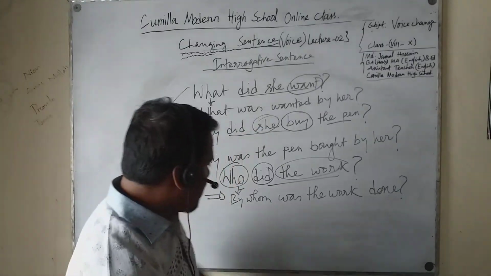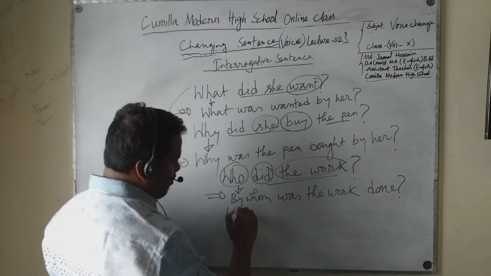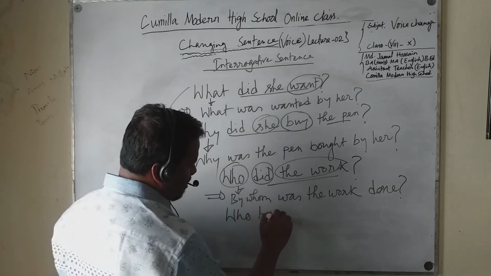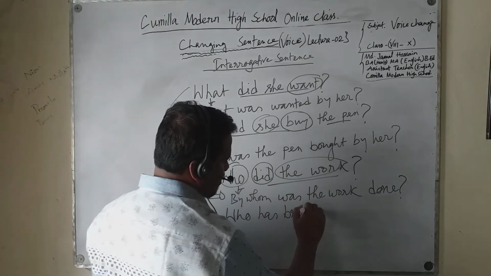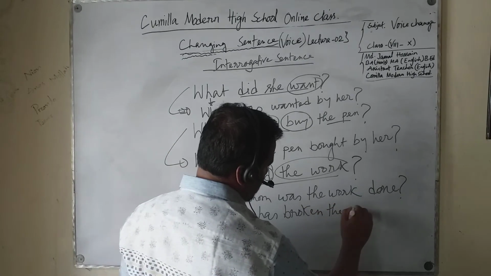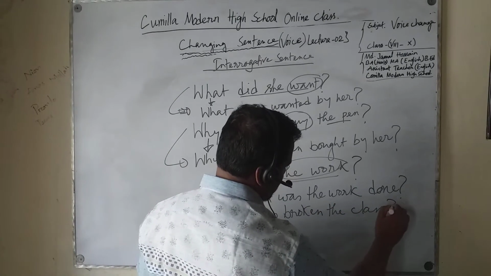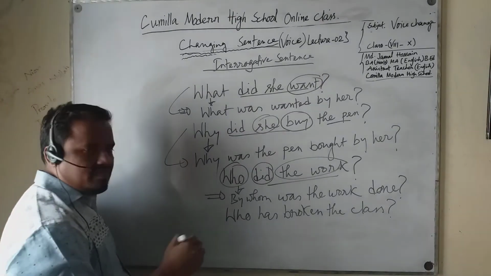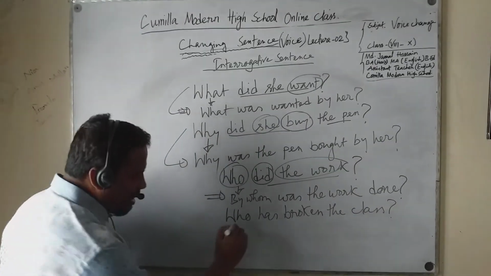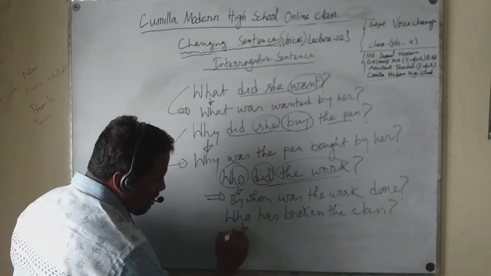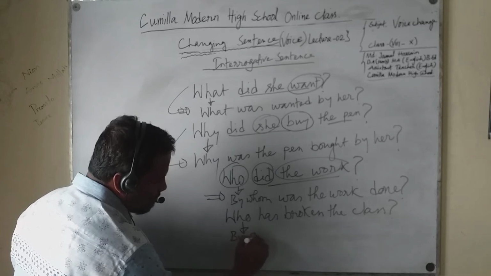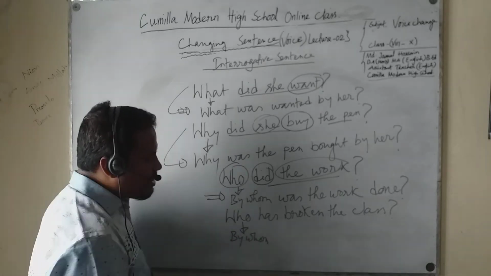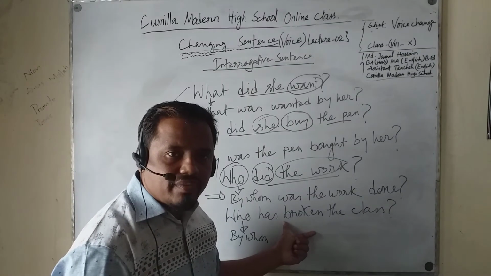Okay, if I give you another example, who has broken the glass? Now, the answer will be the same again. Who will be replaced by whom. Now it is in present perfect tense.